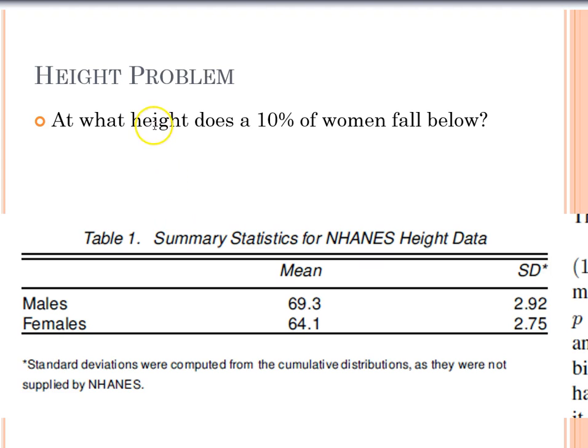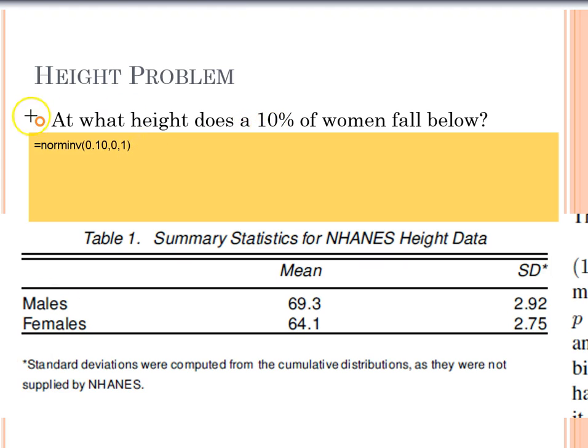And from that z-score, we can then find the height or the observation that represents only the lowest 10% of women. So the formula that we plug into Excel is the normal inverse. Remember that we used the normal distribution to go from the z-score to find the percentiles. So we want to do the inverse when we want to get the z-score from the percentiles. So here we're plugging in the percentiles to get a z-score back.